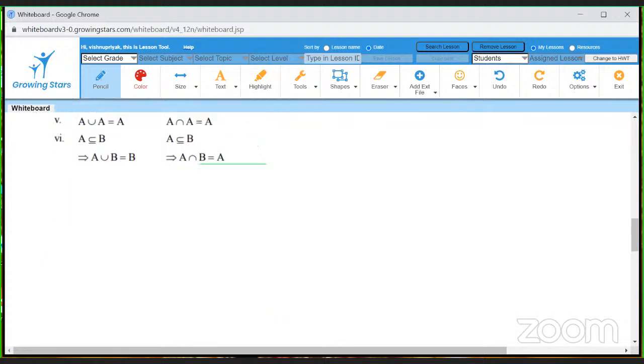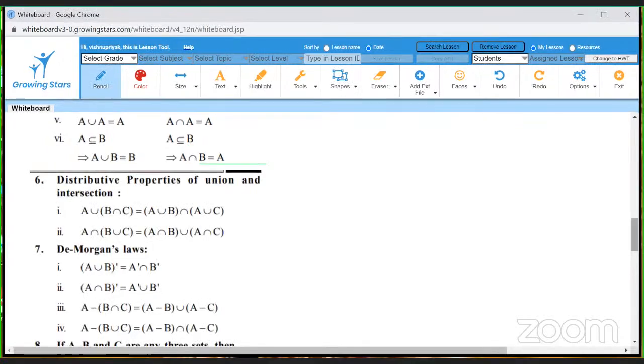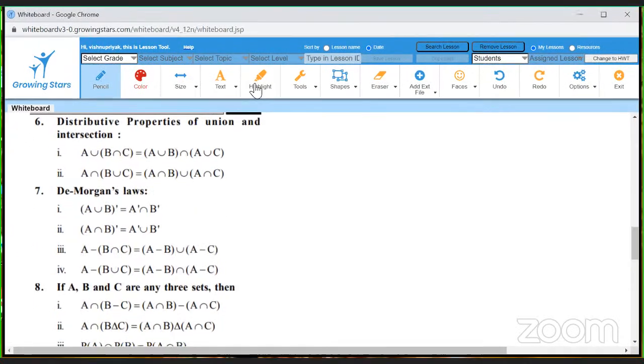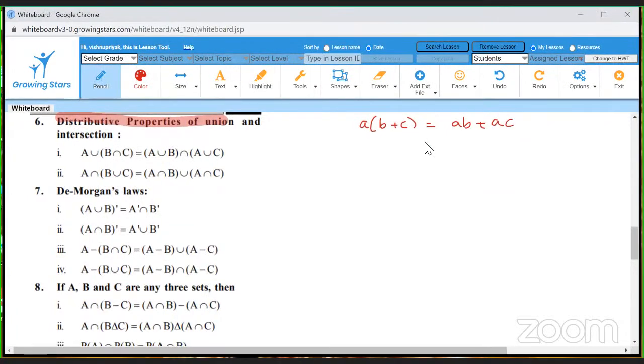Okay, some more I'm pasting here. Distributive property. Like with numbers, you have the distributive property: A into B plus C equals AB plus AC.